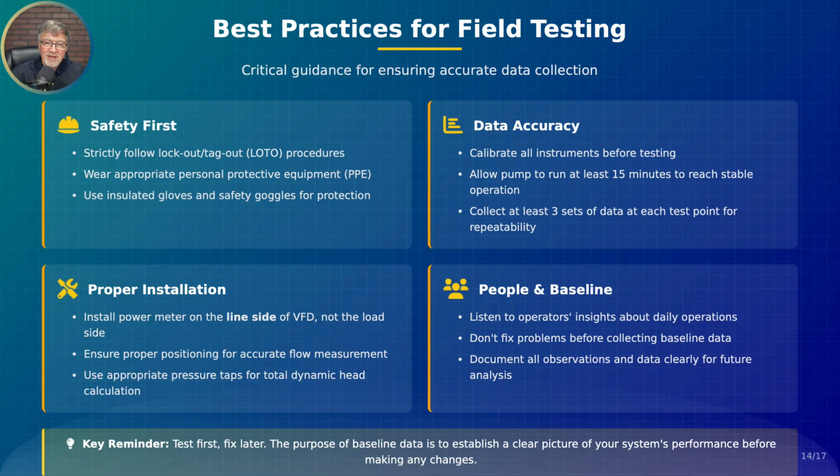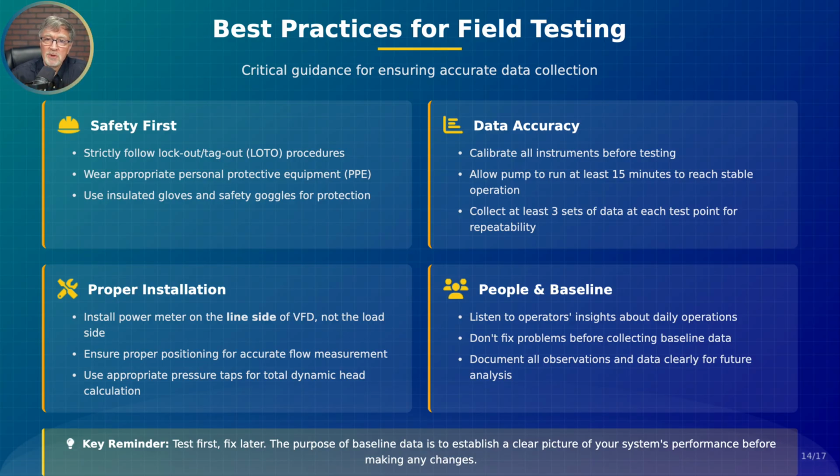So, once again, the proper installation of this instrumentation allows you to get accurate measurements and really be able to calculate your efficiency most properly. And in baseline, listen to operators' insights about daily operations. They're the ones out there on the line, and they can kind of pinpoint things that are going wrong. Don't fix problems before collecting baseline data because you're going to want to.